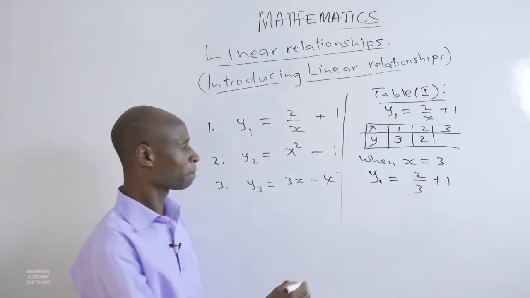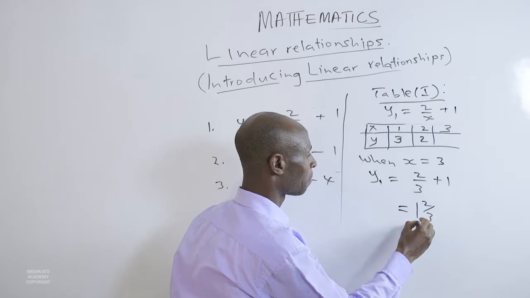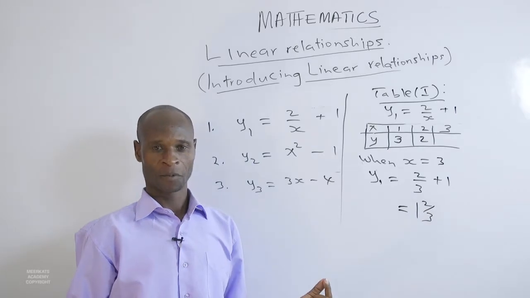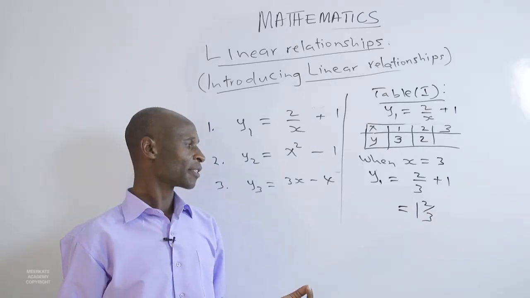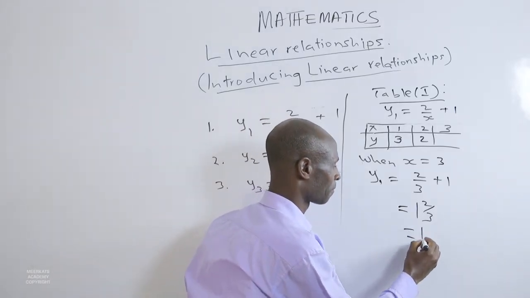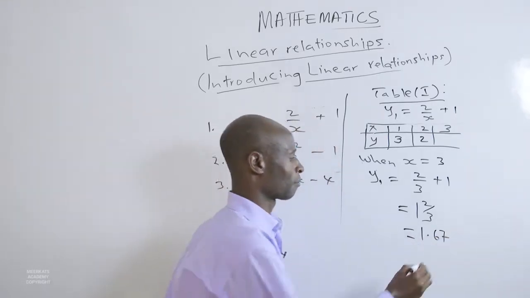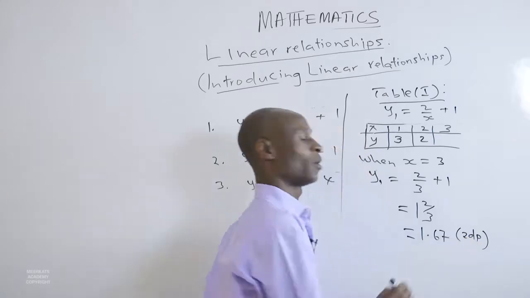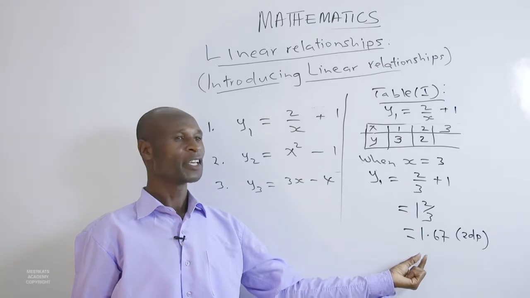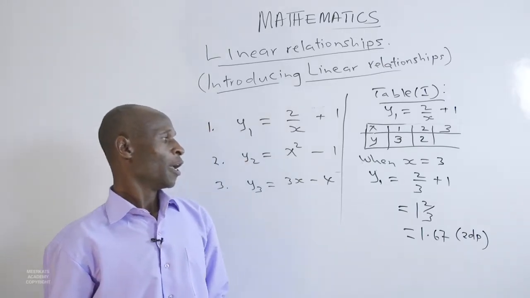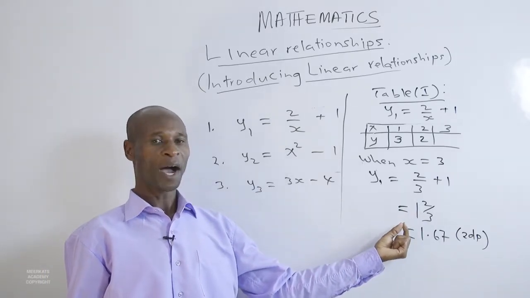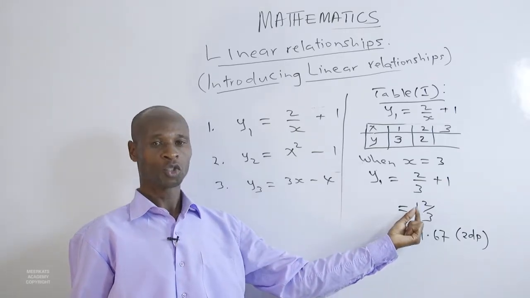And the result will be 1 whole number 2 over 3, which can as well be written as a decimal, corrected to 2 decimal places. So if we express it as a decimal, the value of y becomes 1.67. For the purpose of completing our table, we can just leave it as an improper fraction, that is 1 whole number 2 over 3.